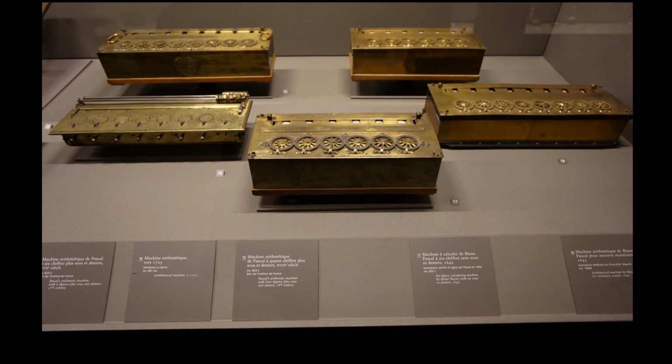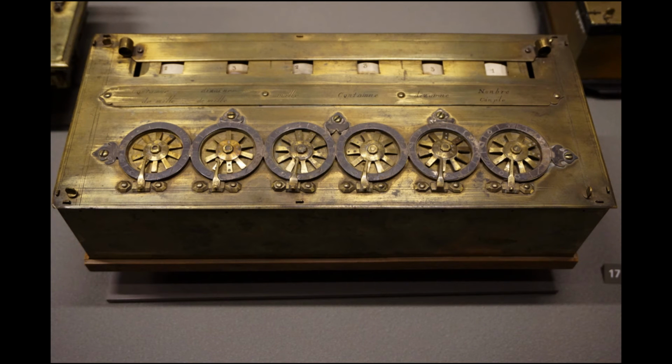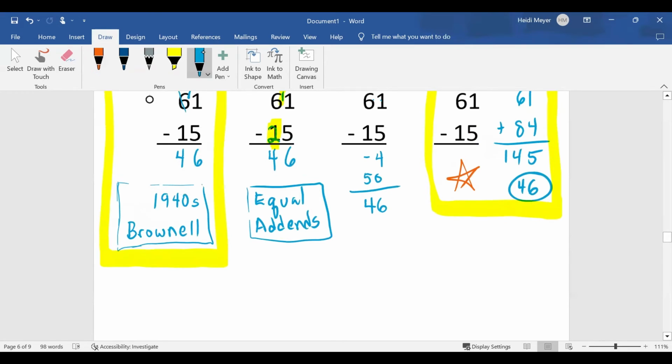Another reason why nines complement is a nice method is that with early calculating devices that used gears, if you wanted to subtract, you would have to run the gears backwards. But if you use the nines complement, where you are adding instead of subtracting, you can continue just moving the gears forward instead of moving the gears backward.